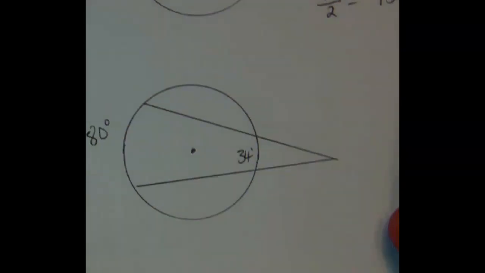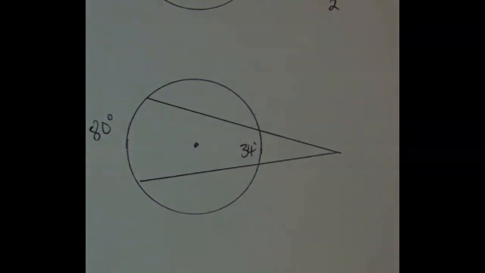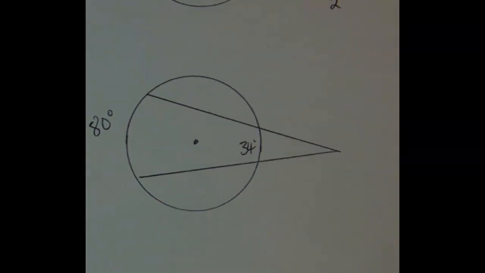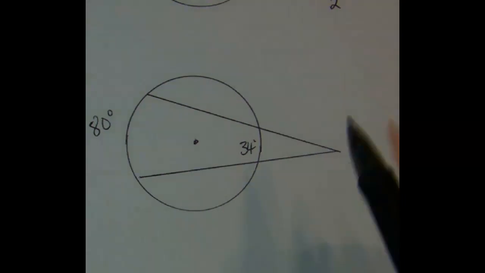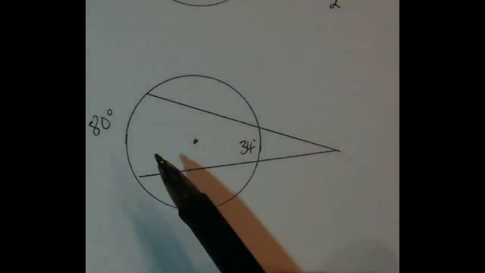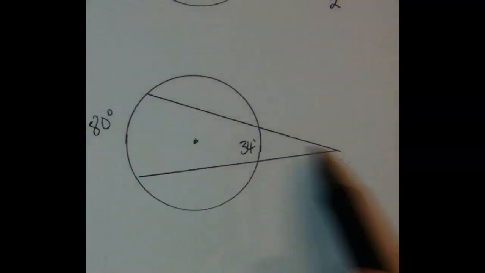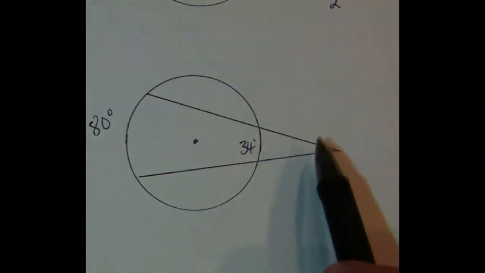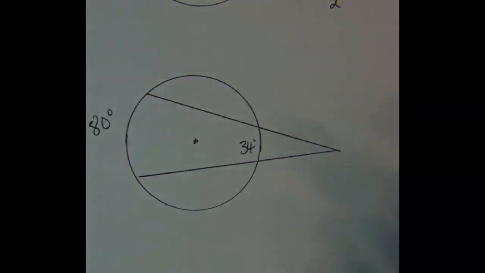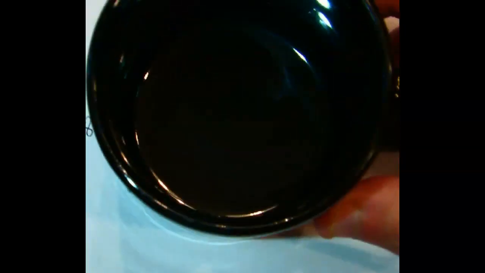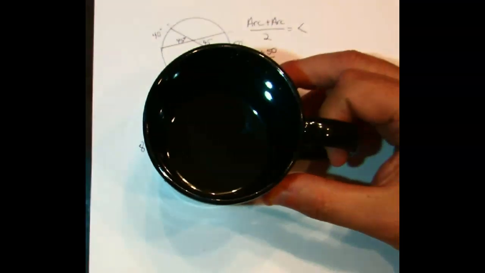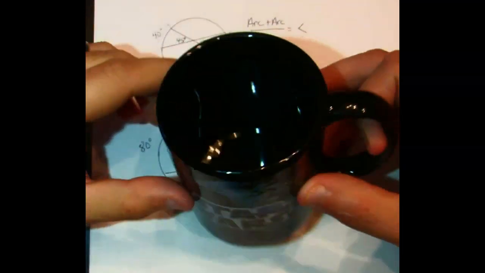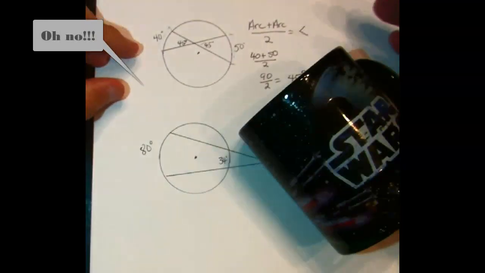Now, let's look at our third and final formula. This time, look where our angle is. We have 2 secants forming an angle outside of the circle. So here we have our coffee cup, and we do something and we're a little clumsy and we spill it.